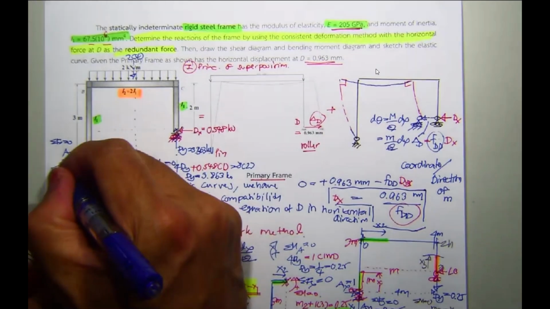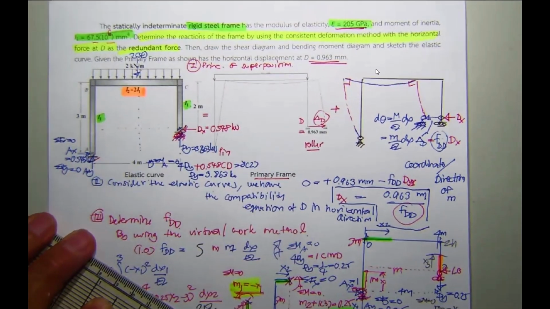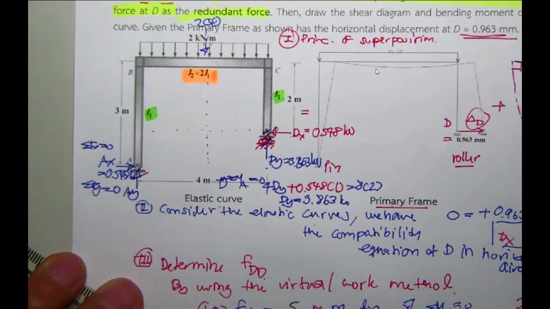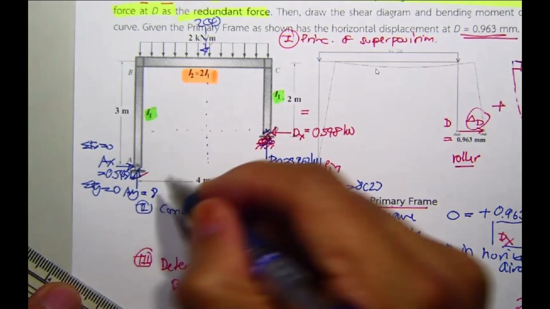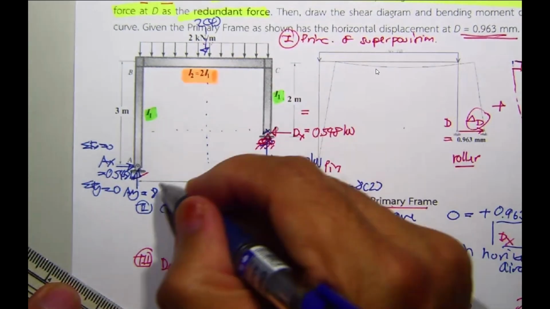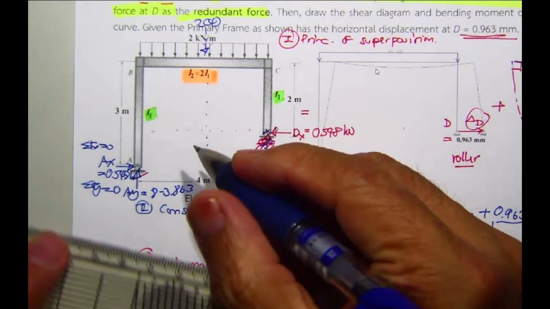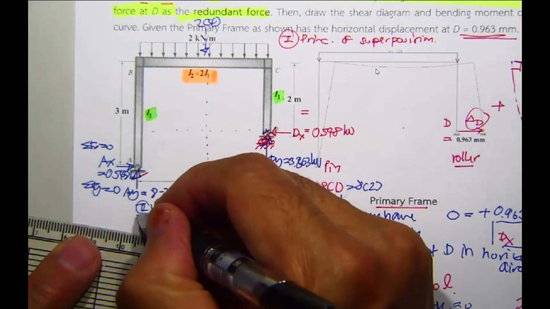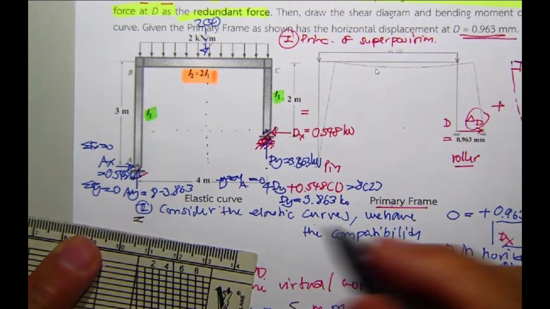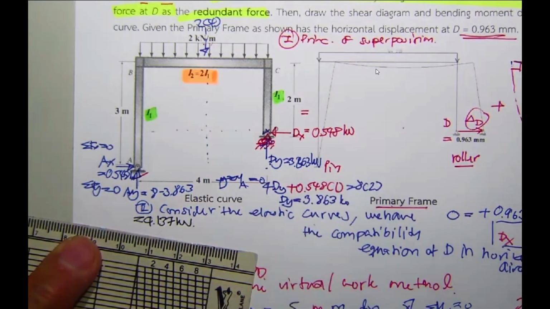And for summation of Fy equal to 0, you have A sub y equal to 8 minus 3.863, so your A sub y is going to be 4.137 kilonewton. That's going to be the reaction.